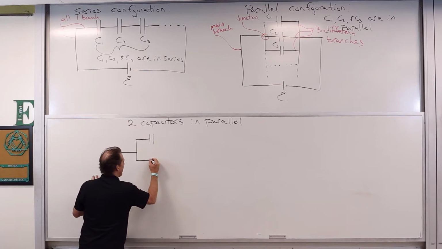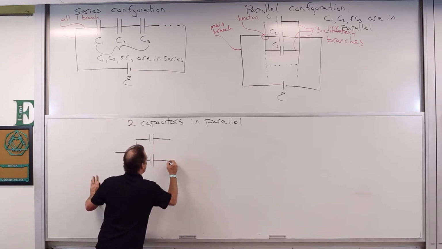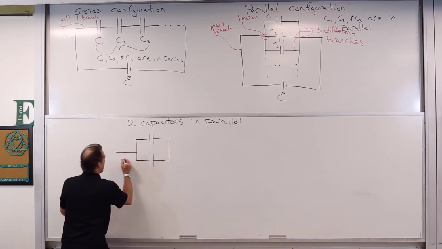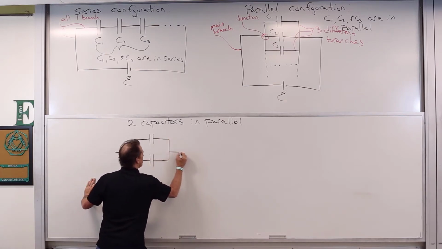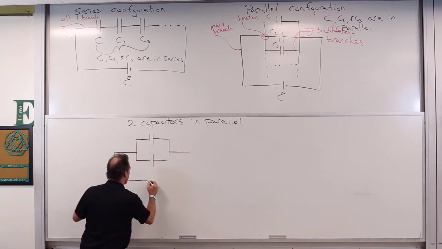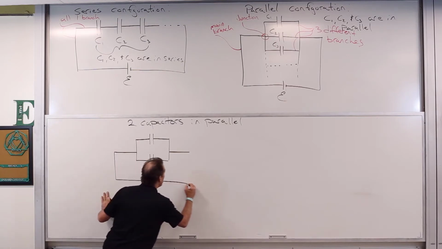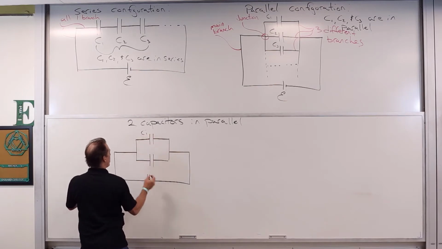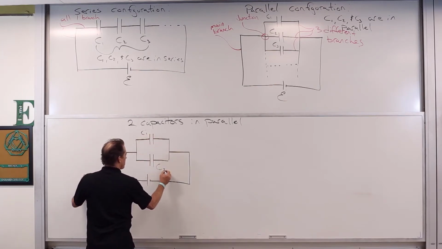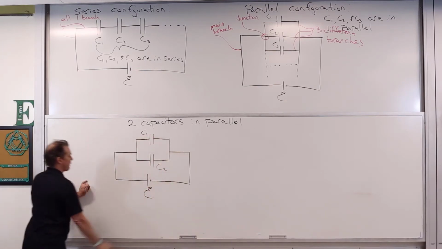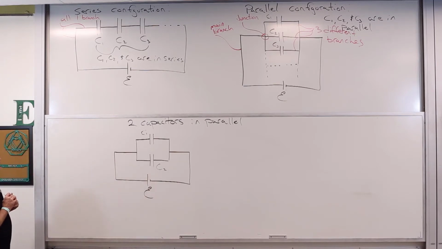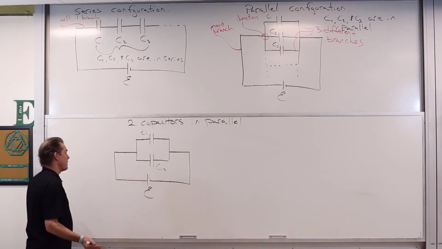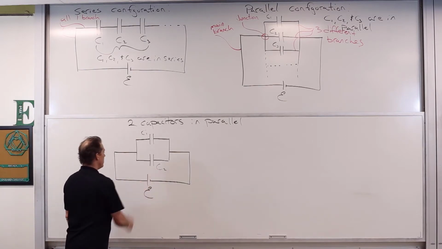Make it very apparent that they're on separate branches. This comes up, this goes over, and then we'll connect them to a source potential. And we've got this. So we've got some C1 there, we've got some C2 there, and we've got our source potential there. C1, C2, those are two different capacitors. Maybe they have the same capacitance, probably not though, not necessarily.